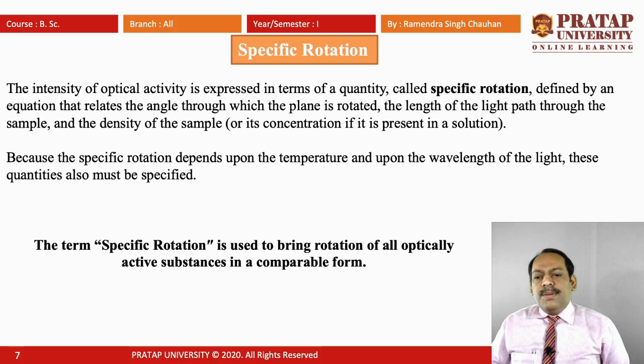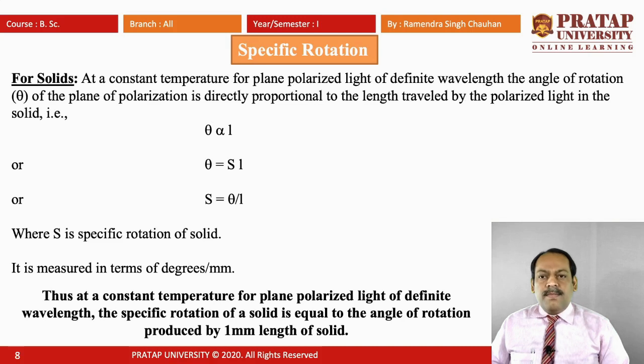The term specific rotation is used to bring the rotation of all optically active substances into a comparable form. On the basis of specific rotation, we can compare the optical activity of different optically active substances.